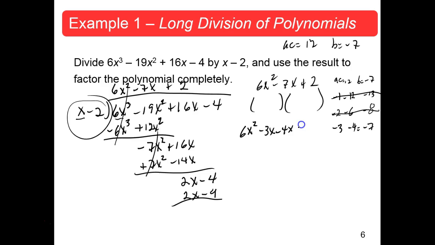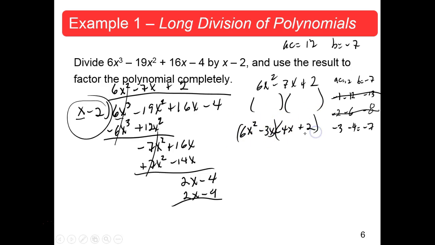And then we leave our plus 2 as it is. Now it looks like we just made it worse. We started with a trinomial, we wound up with a quadnomial, okay? But what can we do with this that we can't do with that? Group them.